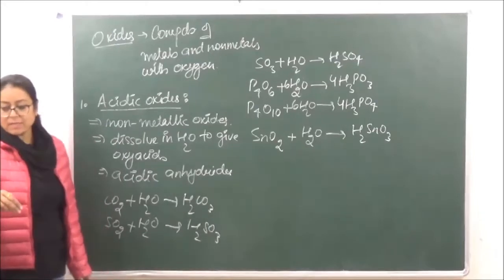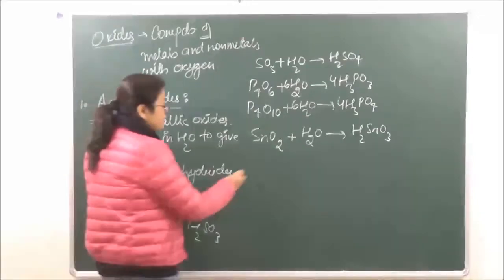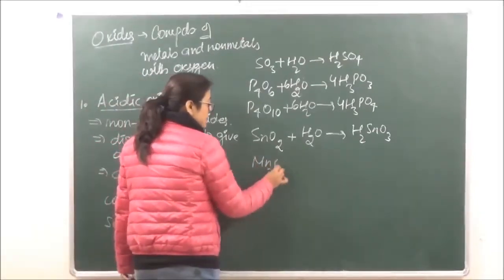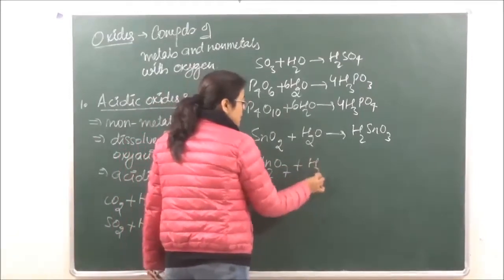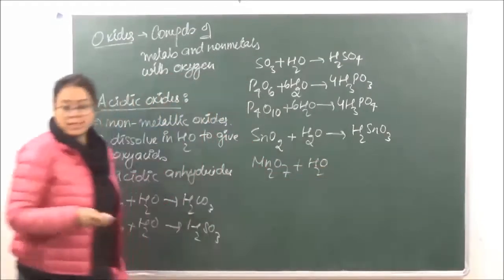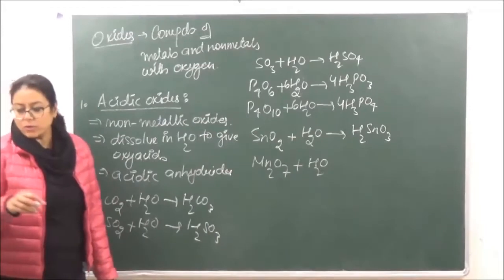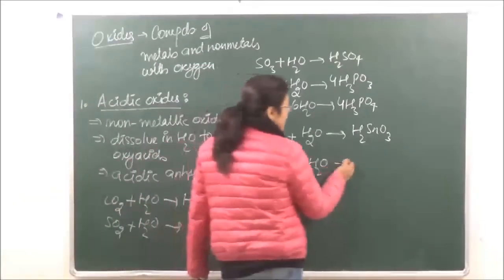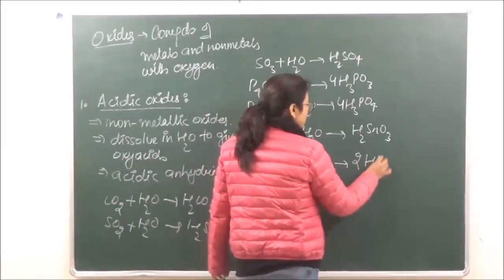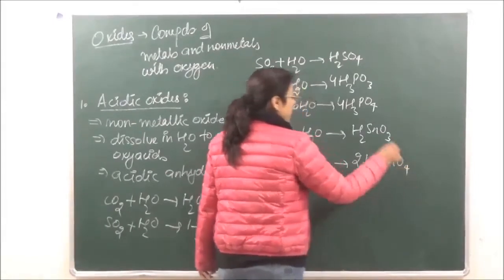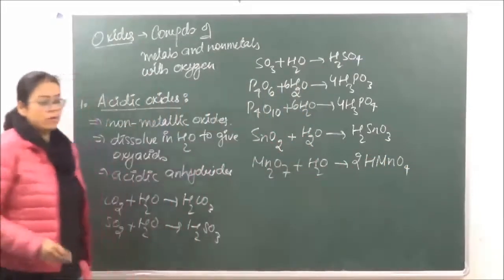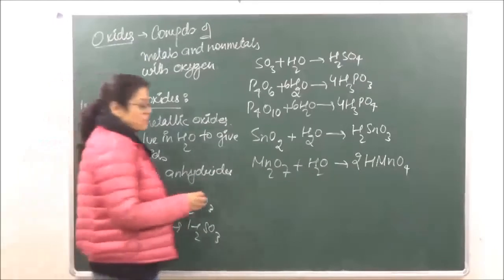ठीक है? Same is the case with Mn2O7. Although again this is a metallic oxide, it is going to react with water to give us an acid, HMnO4. And similarly we have chromium trioxide.